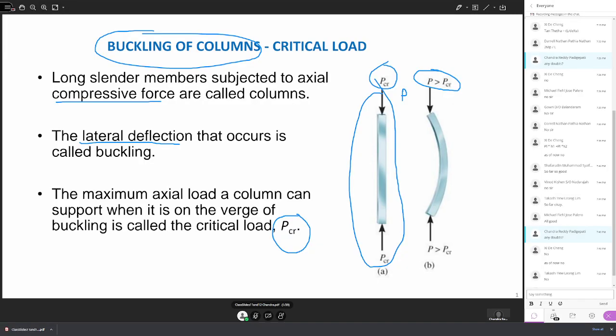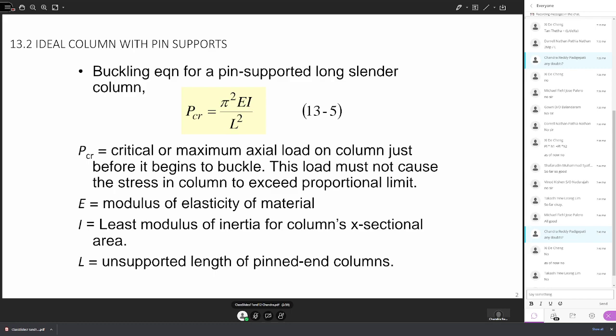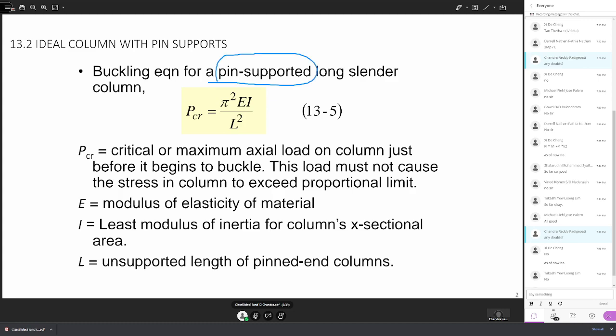Okay, so the critical load refers to the maximum axial load on a column when the column is on the verge of buckling. Theoretically, we can prove that when we are dealing with a column which is pin supported, the critical load can be given as pi square Young's modulus E, then I refers to the moment of inertia of the column.